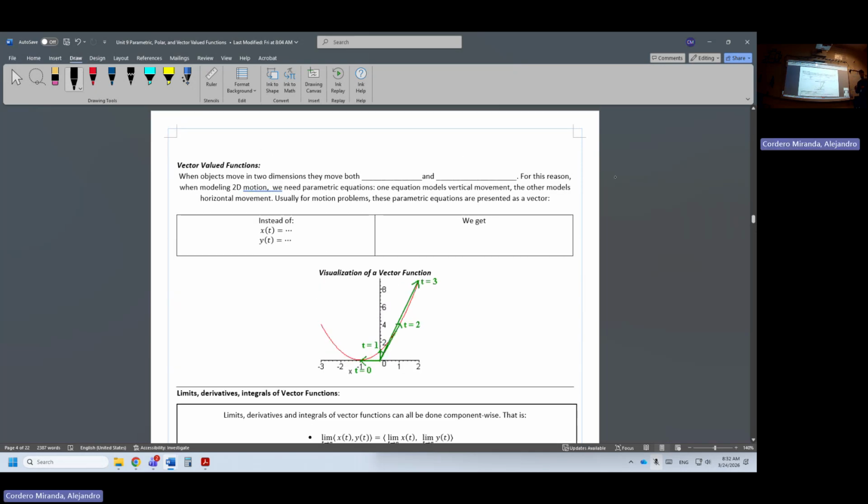And like I was saying, this is what I was thinking of when I was introducing the idea, is that when objects move in 2 dimensions, they move both vertically and horizontally.